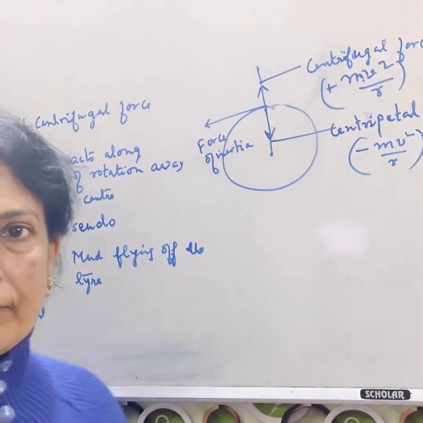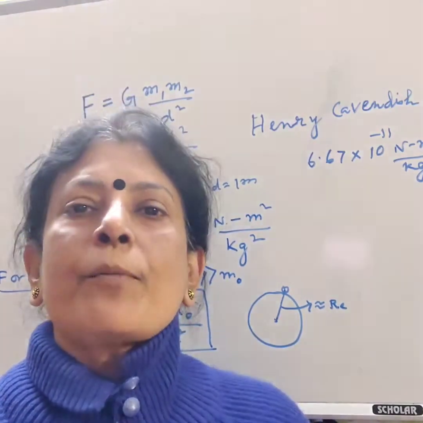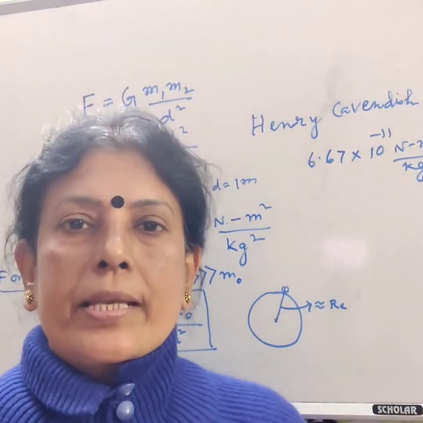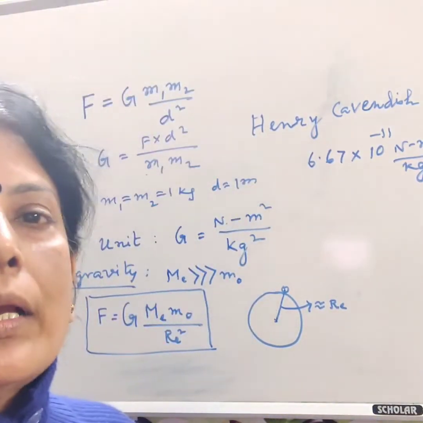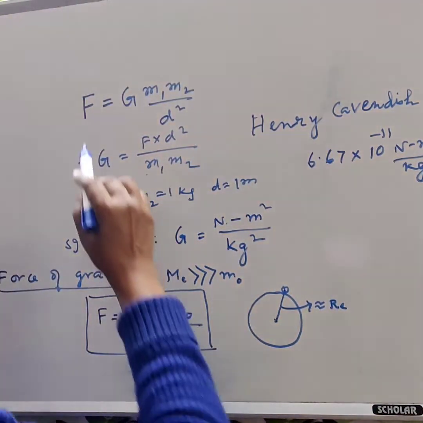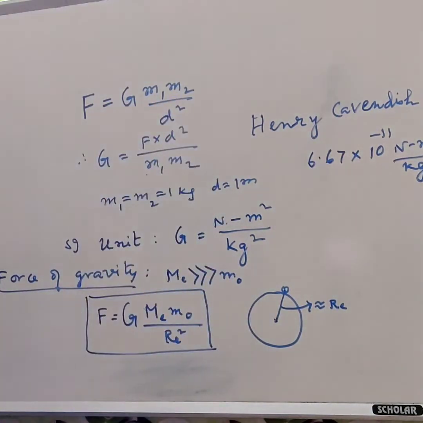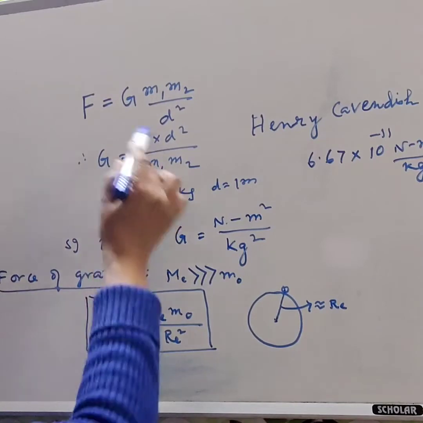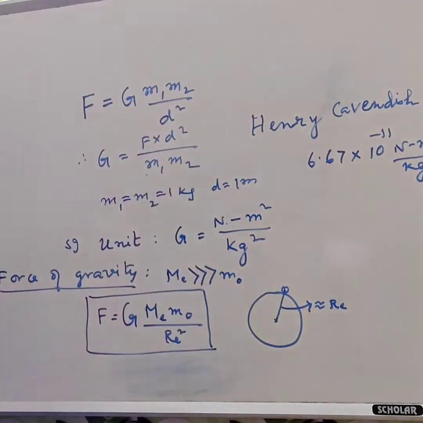Okay. Now we have to know the definition of capital G, and also its SI unit. From Newton's law of gravitation, it is already known to us that F is equal to G m1 m2 by d square. So by cross multiplication we can say G is equal to F into d square by m1 m2.